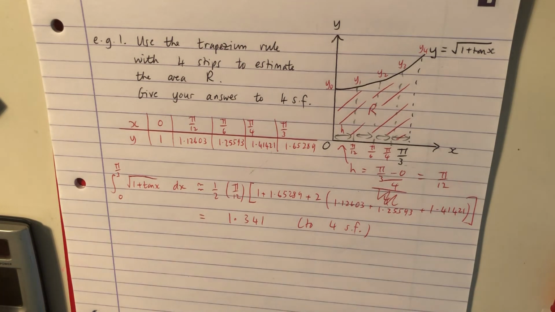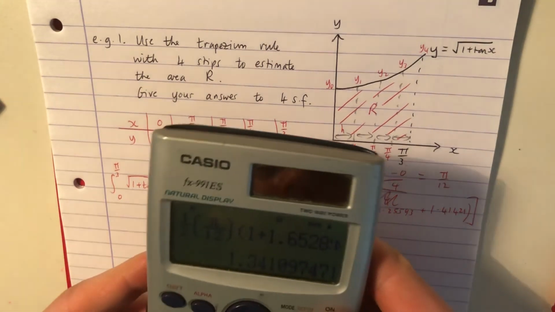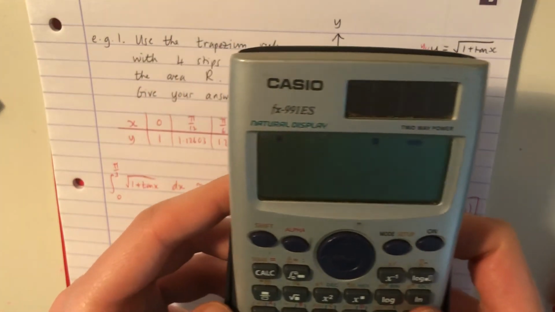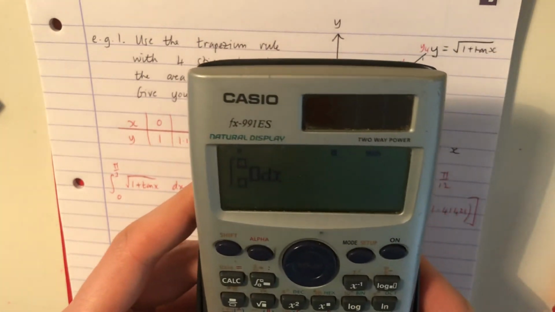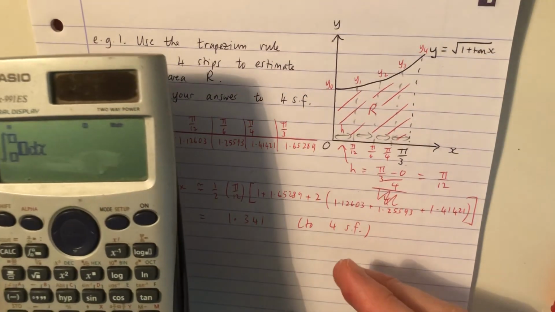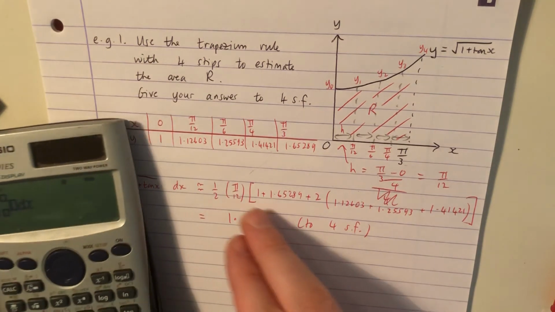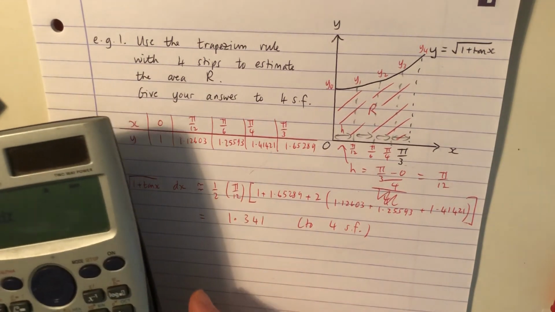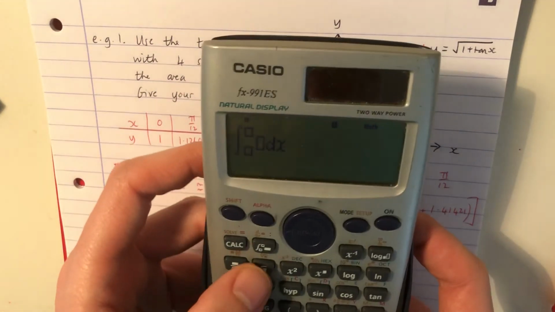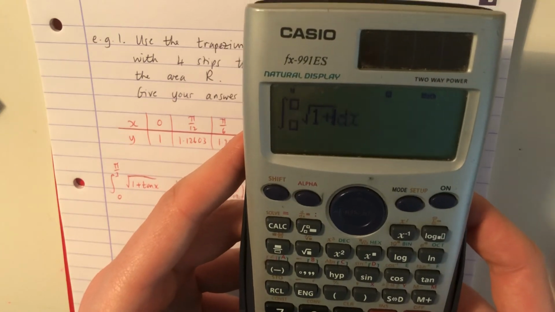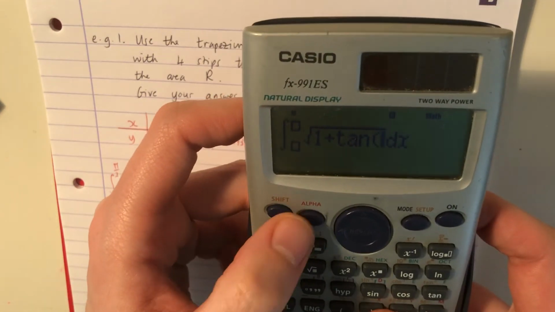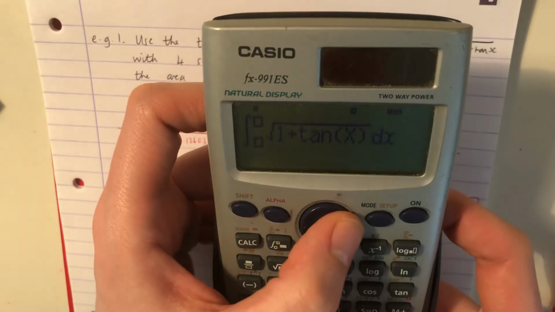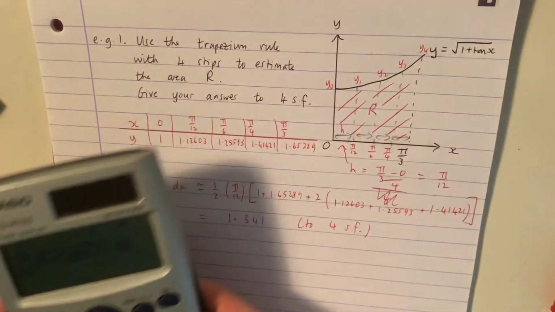I can use the integration button on the calculator to check my answer, because I know it's an estimate, so it should be relatively close. So the real answer will be a little bit different to 1.341, but I can see how close it is, because if it was out by a lot, then I might have done something wrong.